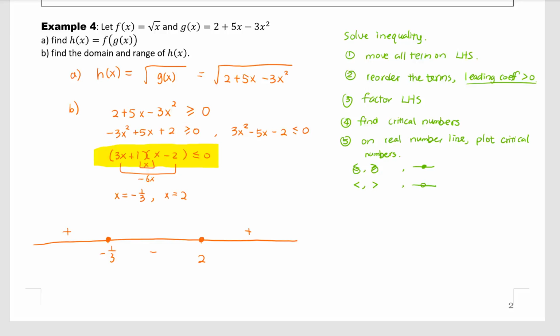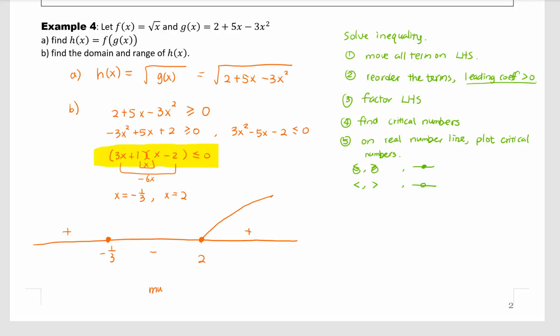Okay, there's method 2. What is method 2? First of all, look at your leading coefficient. If your leading coefficient is positive, then you start with the upper right corner, okay? Then when you connect the points, you want to see whether the multiplicity of the number corresponding to that root is even or odd. For example, here, what is multiplicity?